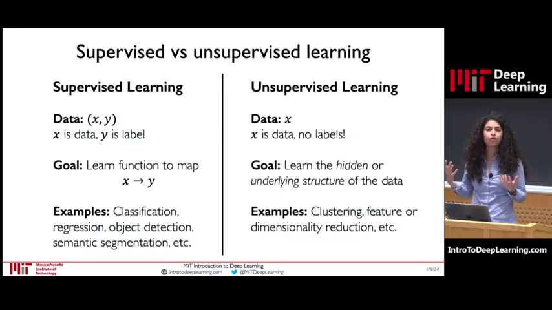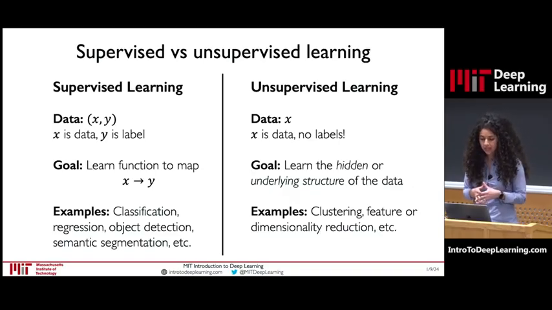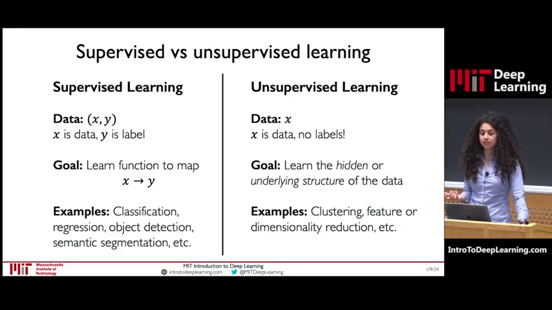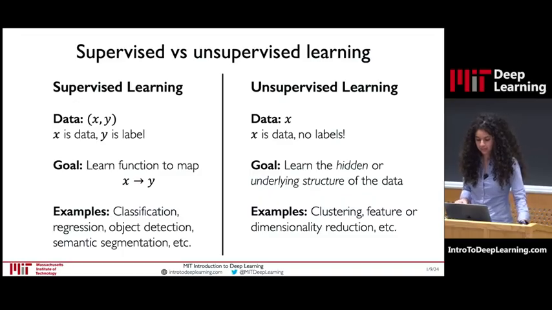Now, there's another whole class of problems in machine learning called unsupervised learning problems, and that's going to be our focus in this lecture today. The concept is that with unsupervised learning, our goal is not necessarily to learn a mapping from input X to output Y, but to just look at X on its own and try to learn patterns and features that define that data distribution, learning the underlying and hidden structure of the data.